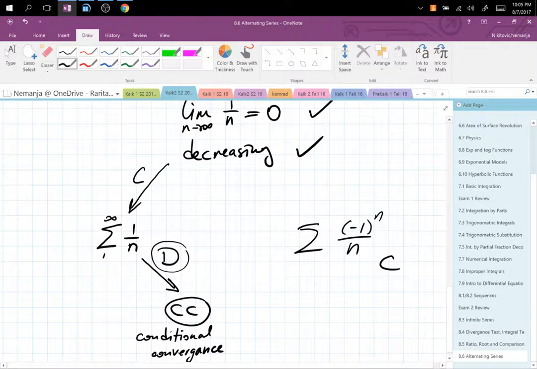This is a perfect example to understand conditional convergence, because the word conditional means condition. There is a condition for it to converge. If you have a problem without alternation, it diverges. If you have a problem with alternation, it converges conditionally.